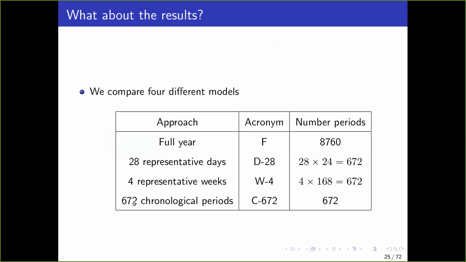And then we have the proposed approach with 672 periods. So if you do the math, then the total number of hours that you are going to consider in these 3 approximate methods is the same, and therefore they are going to have a similar computational burden.